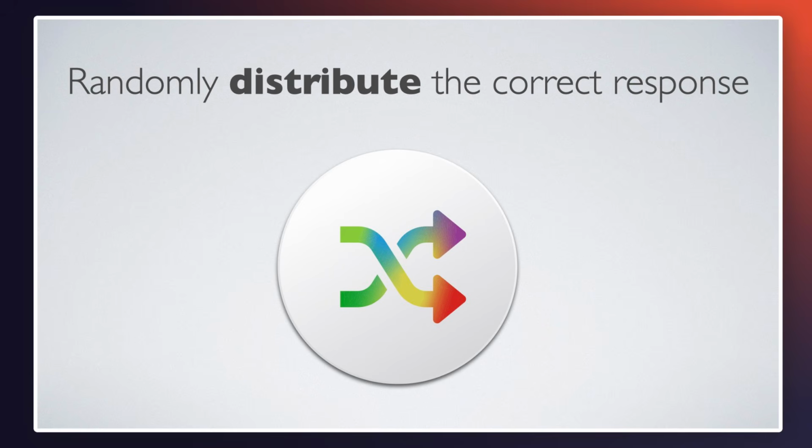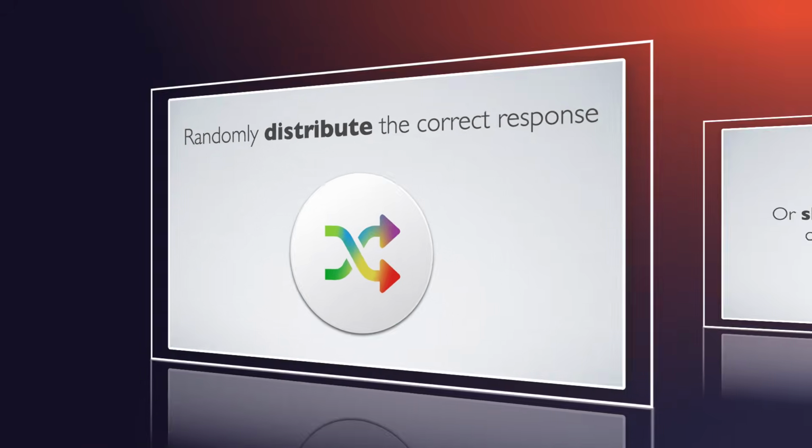So try to randomly distribute your correct responses. If naturally you are writing it at the B and C location, later on go and make changes to it. Just push them as A, B, or C. So it should be a random distribution. Just write the responses on a piece of paper, and see is there any pattern that is being formed, and try to disrupt it.